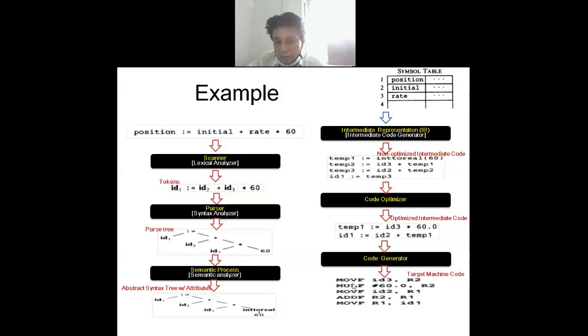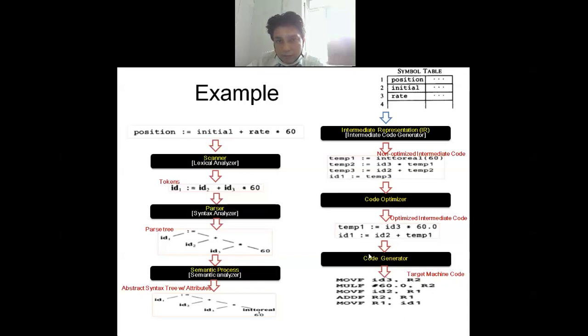Basically all this code of code generation, like move f, multiply f and add f, you are going to study in the microprocessor subject. It's part of machine language or the microprocessor subject.